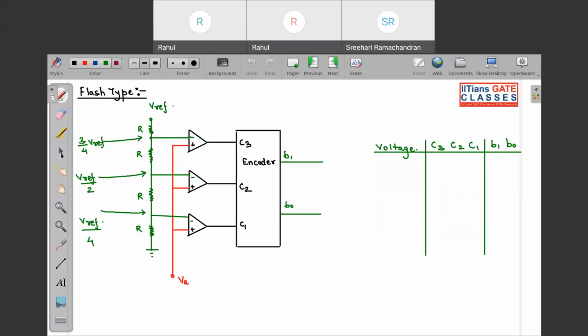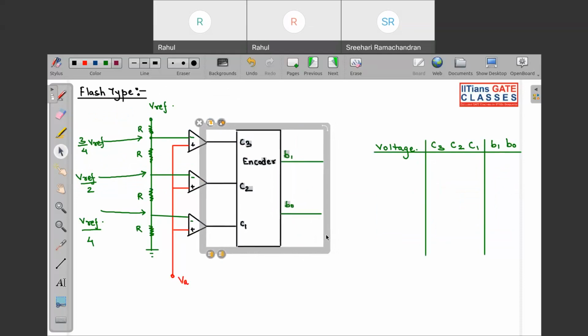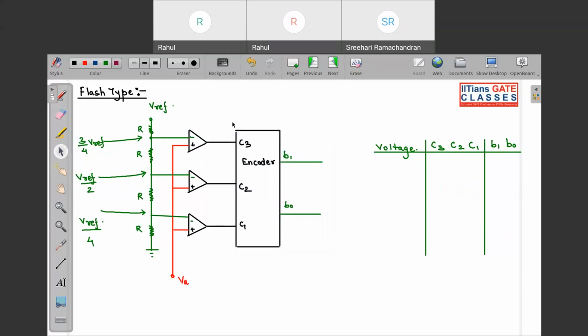Sometimes you might also see, so this is the circuit for... I should have drawn it before only.